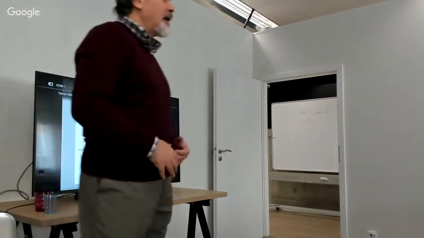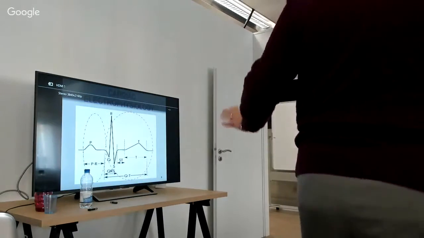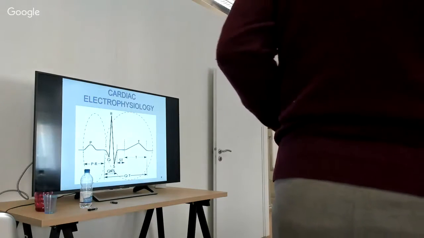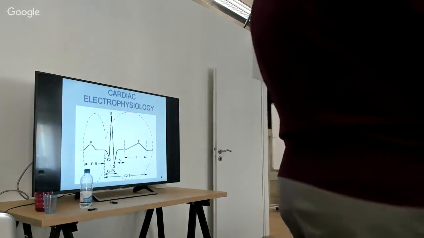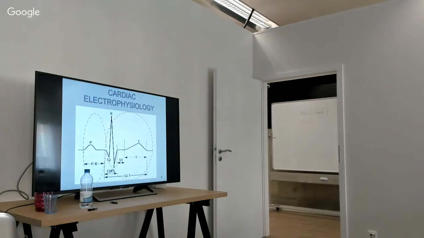So we have the electrocardiogram. PQRST. Why did I call it with these letters? Why P and not A? I checked on the internet to find why, and I found out.